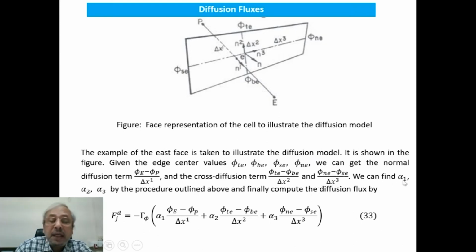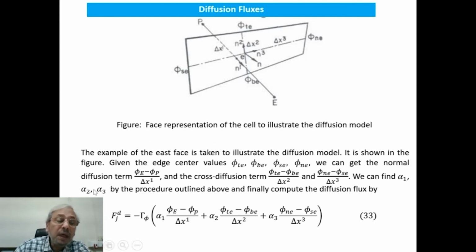So we can find alpha 1, alpha 2, alpha 3 by the procedure. We have already mentioned earlier, applying Cramer's rule, d1 by d is alpha 1, d2 by d is alpha 2, and d3 by d is alpha 3.